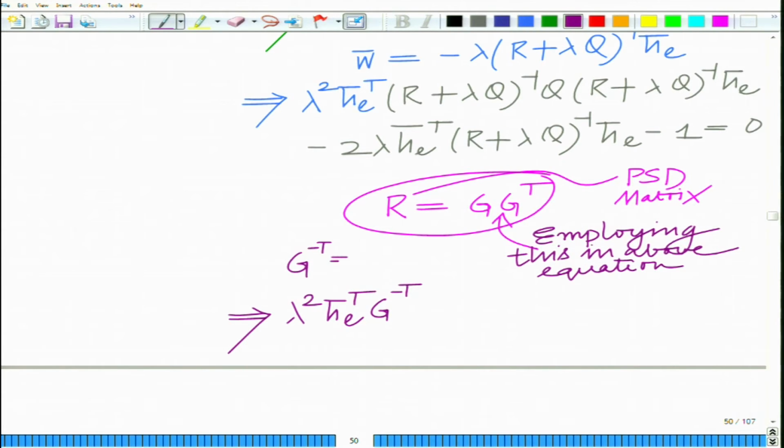You can think of G minus transpose, or G transpose inverse, or G inverse transpose, all of them are the same, G transpose inverse.